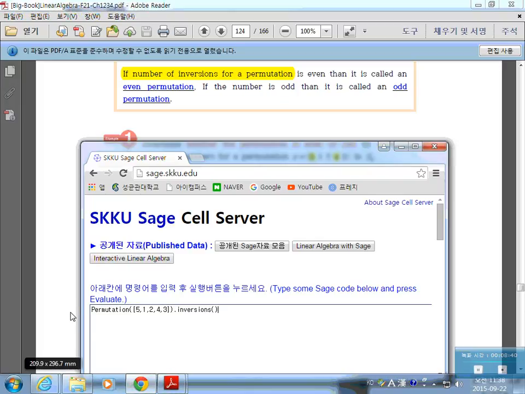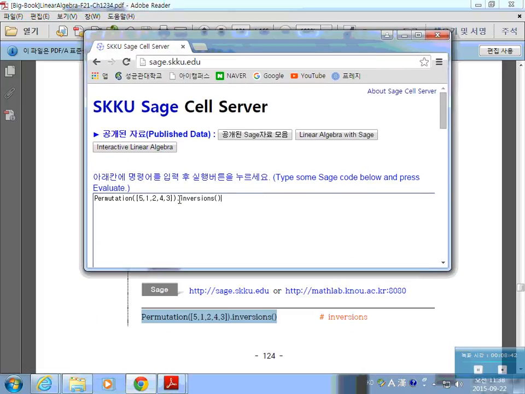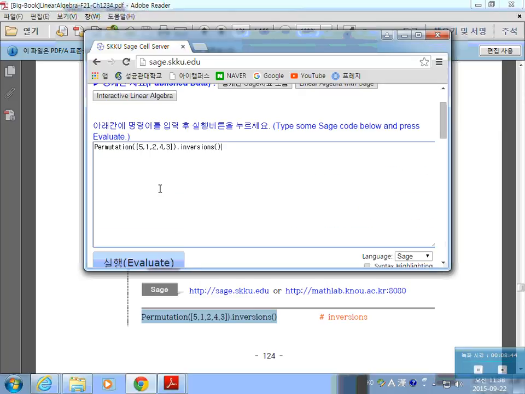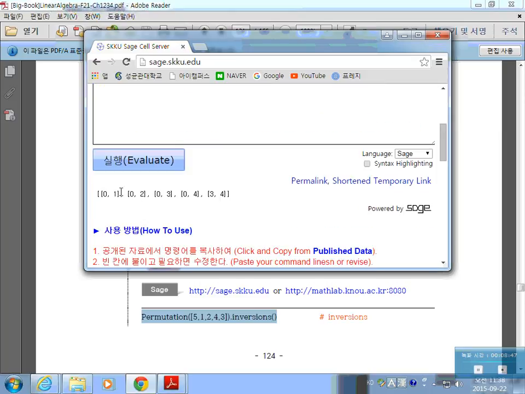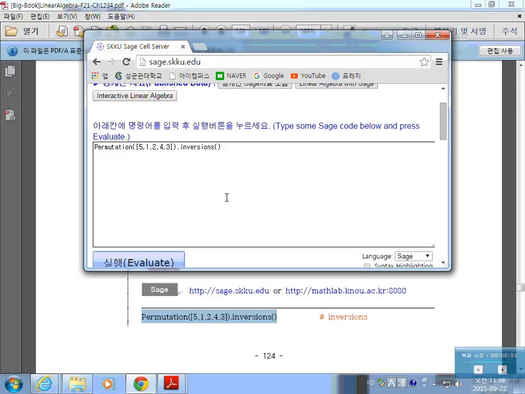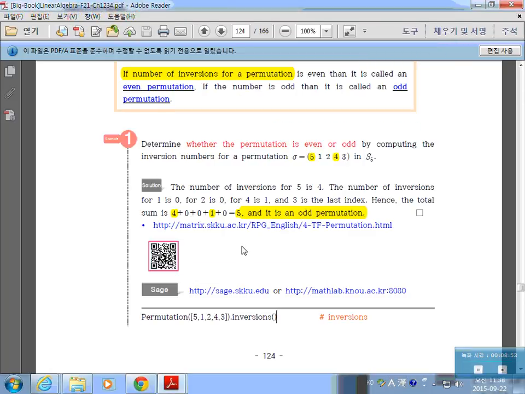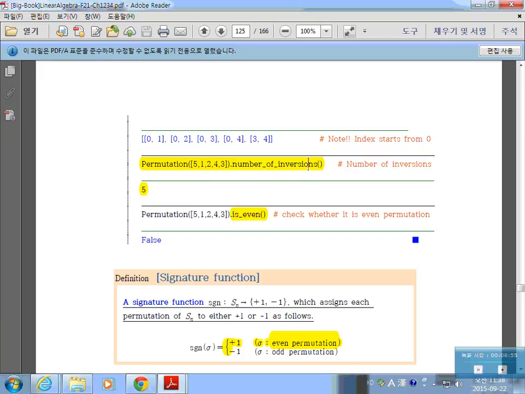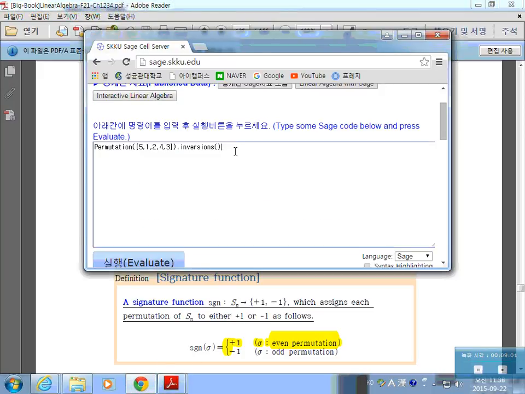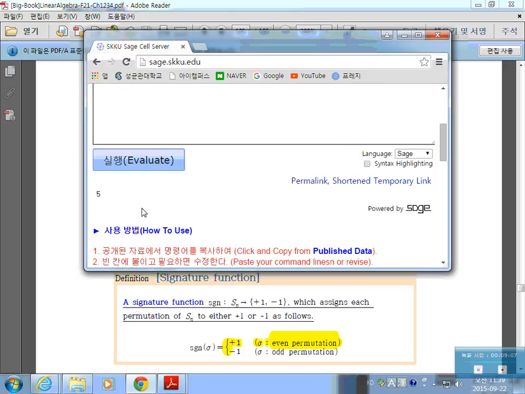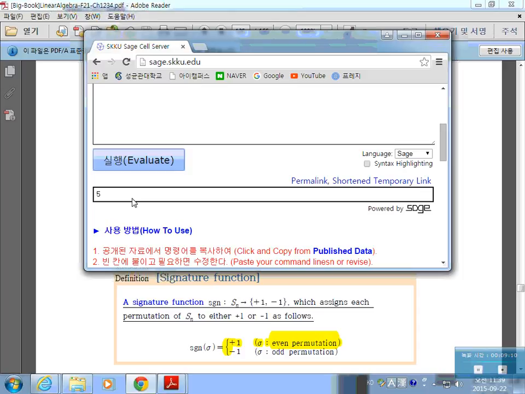We can check it here. What's the inversion number for this permutation of 1, 2, 3, 4, 5? It is 5, so it's an odd permutation.